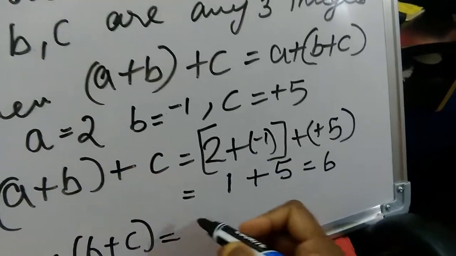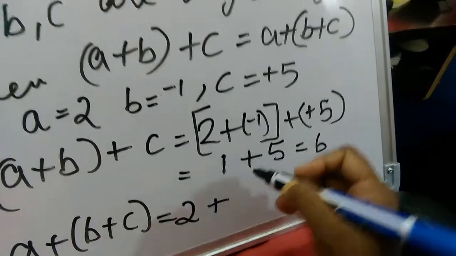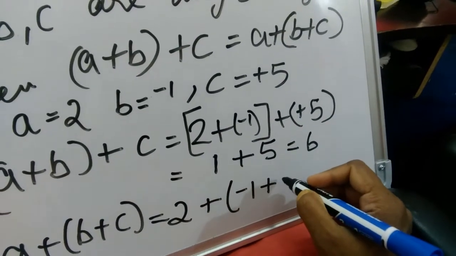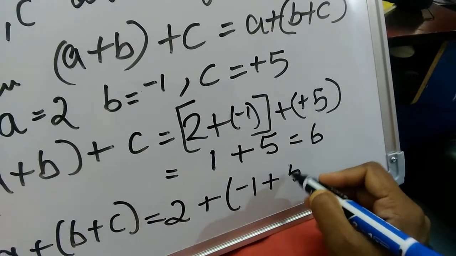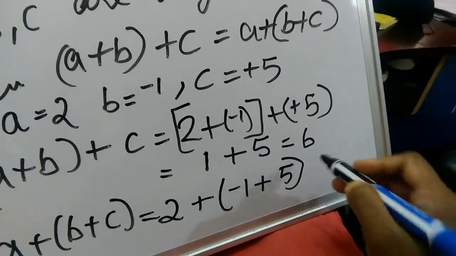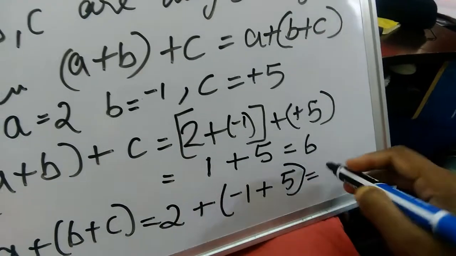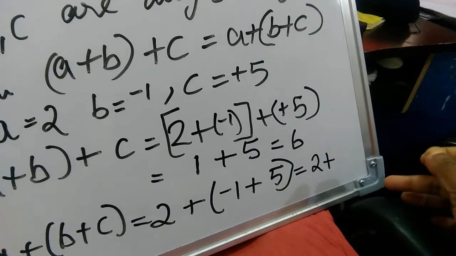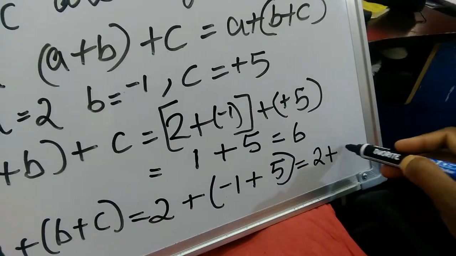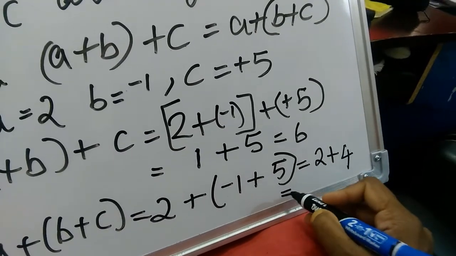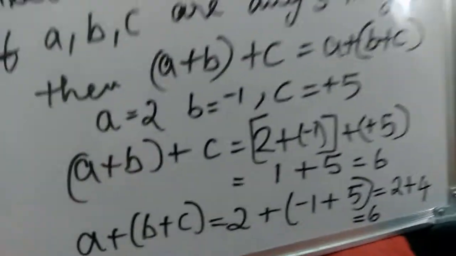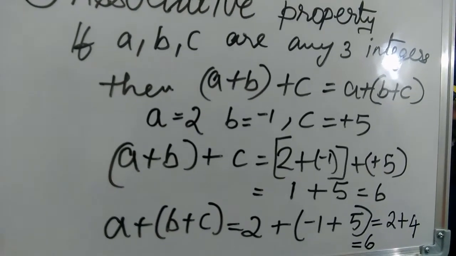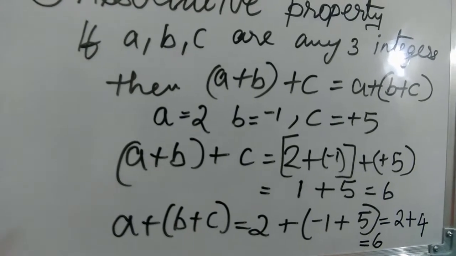Here a is 2 plus b is -1 plus c is 5. Now this will come 2 plus, here -1 plus 5. The answer will come 4. So 2 plus 4 will come 6. Now we get both are the same. (a plus b) plus c equal to 6, a plus (b plus c) is also 6.